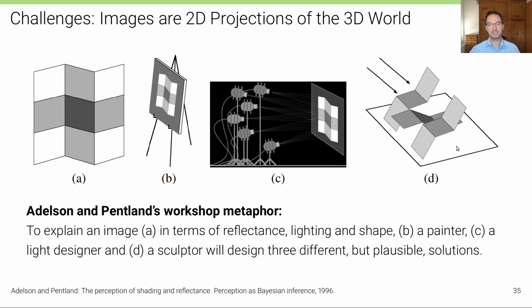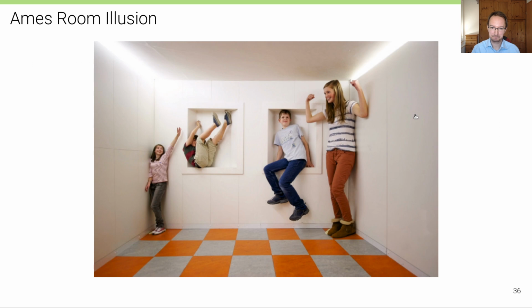And a sculptor might create a sculpture that is oriented such that the shading of this picture appears through different inclination relative to the light direction that's coming in. So there are multiple solutions just to explain this single image. In fact, there are infinitely many solutions. And this is what makes this computer vision problem so hard and ill-posed.